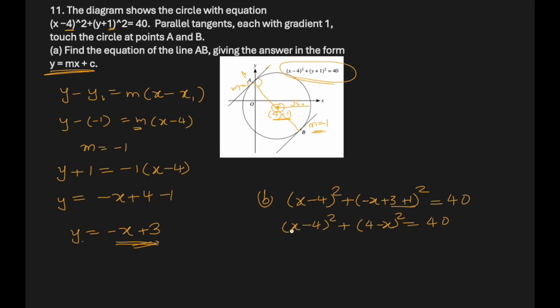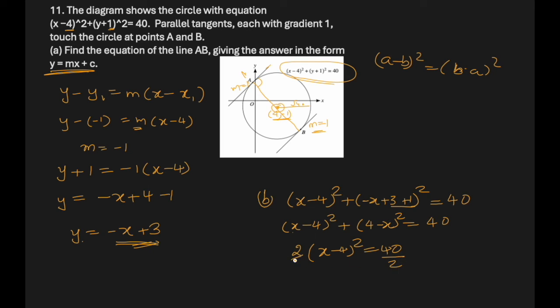You can notice that this is a minus b whole square, and this is also a minus b, only their positions have changed. But even if they change positions, they are exactly the same. A minus b whole square will be the same as b minus a whole square. That means these two are exactly the same. We can write 2 times (x minus 4) squared equal to 40.